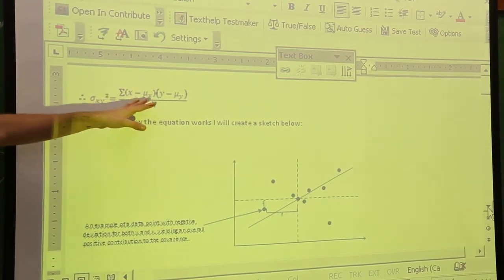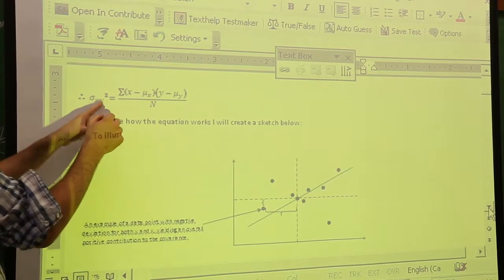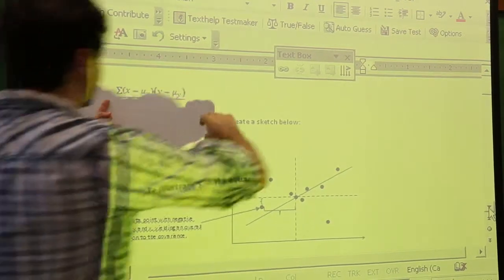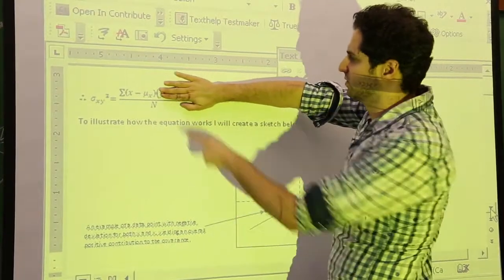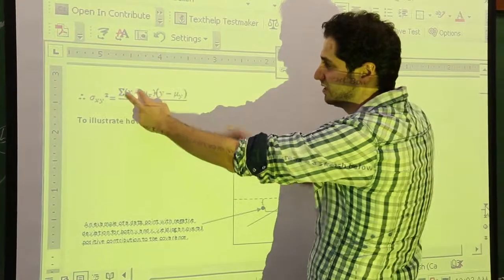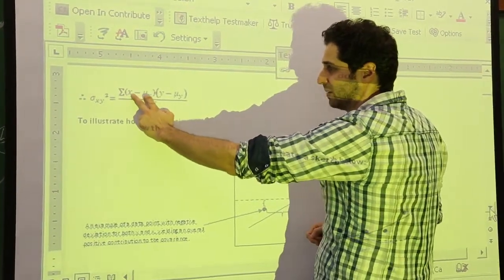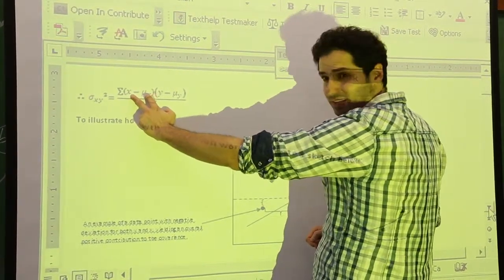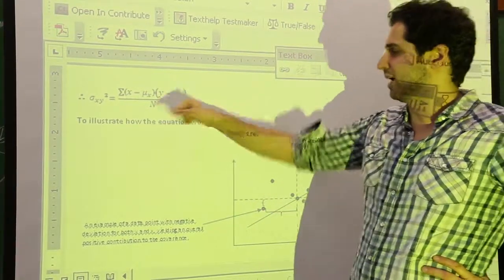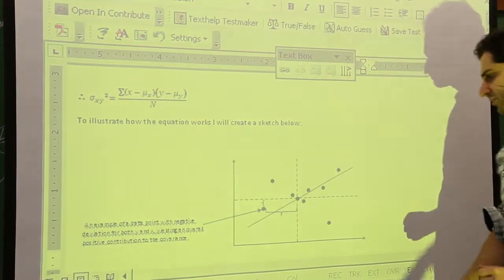Notice it's different. In the variance, sigma sub x squared, you just had a square up here. Now instead of that, you have the deviation for x about the average of the x coordinates, times the deviation for y, all averaged, divided by the number of data points.